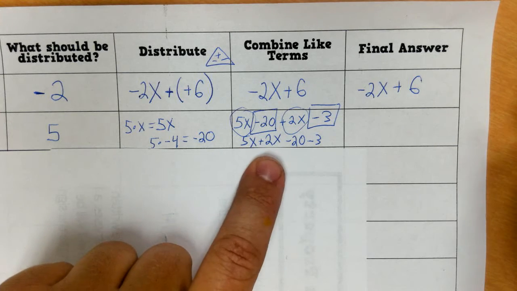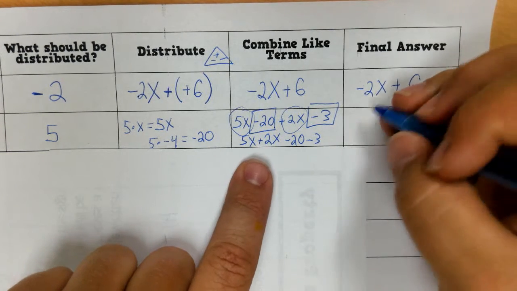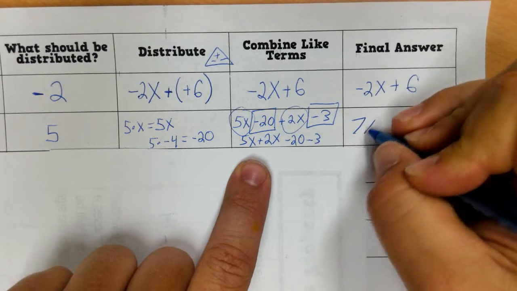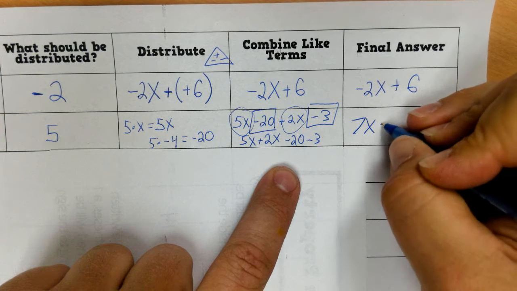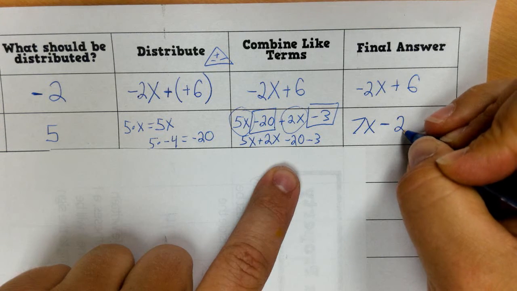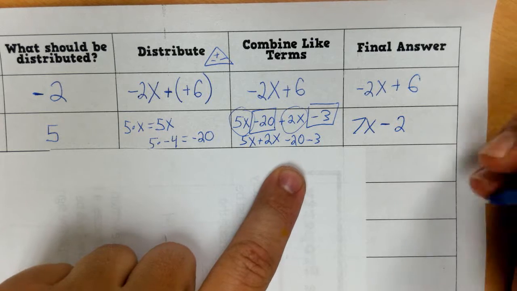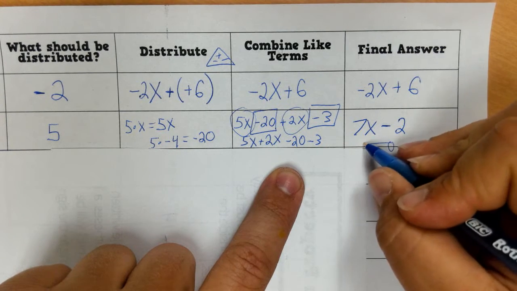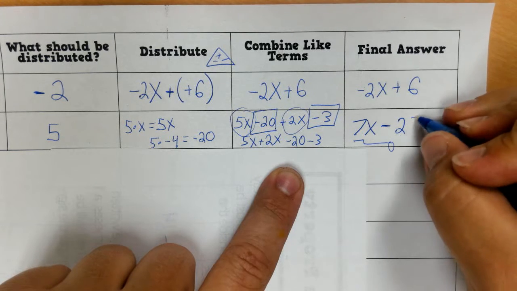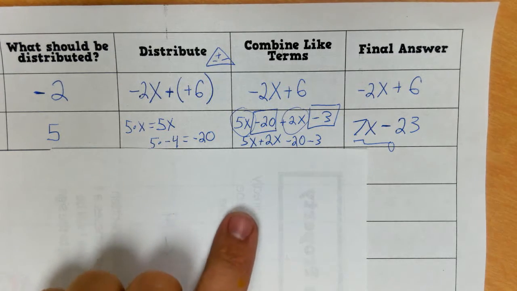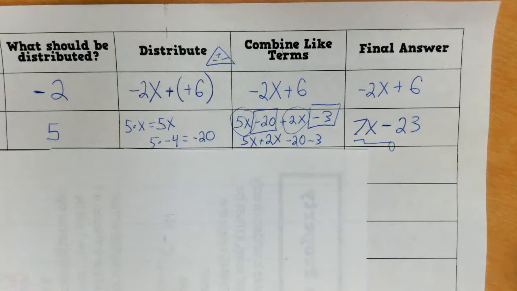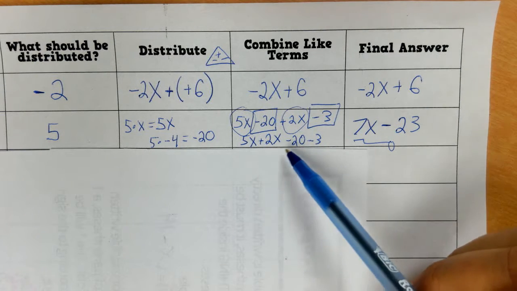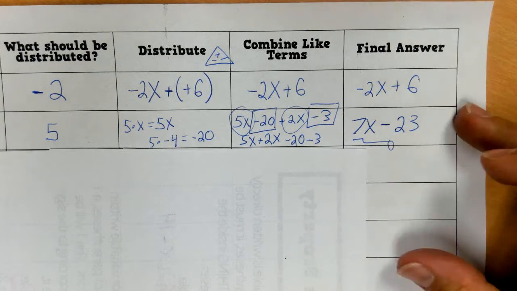What's 5x plus 2x? 5 plus 2 is 7x. Then negative 20 minus 3. Here's 0, that's my number line, in case that wasn't clear. Negative 20 minus 3 is negative 23.